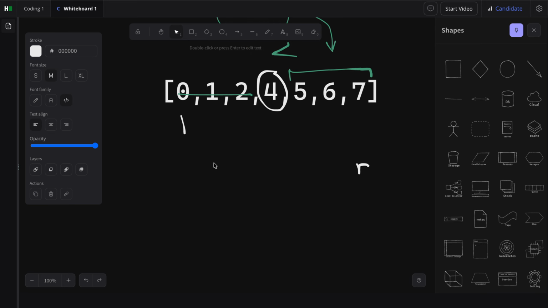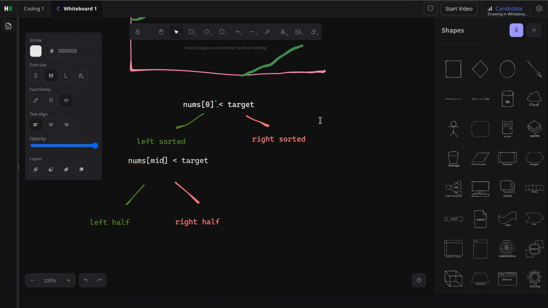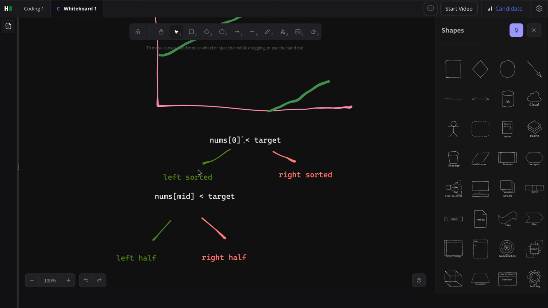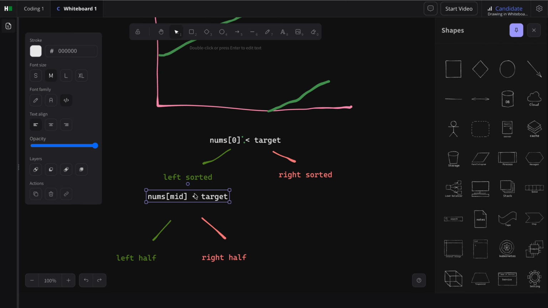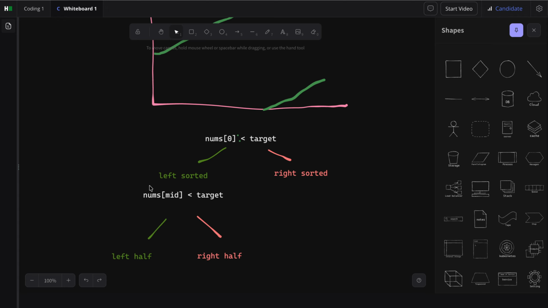How do we know if we want to go to the left or right? Well, we just did a nums mid. Is there a better way I can write this for myself? I don't know why this always confuses me. Okay, so the value in the middle, is that less than the target?